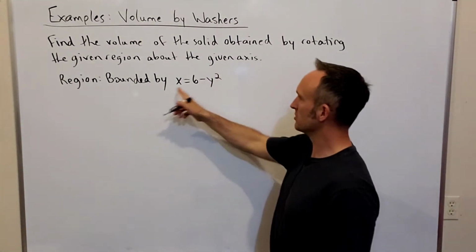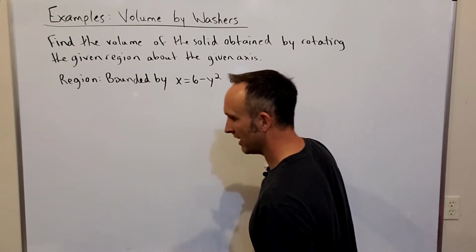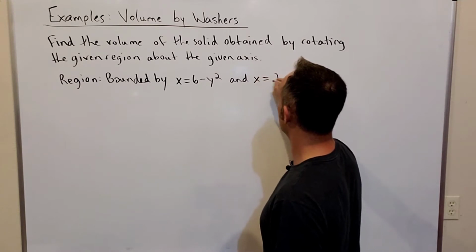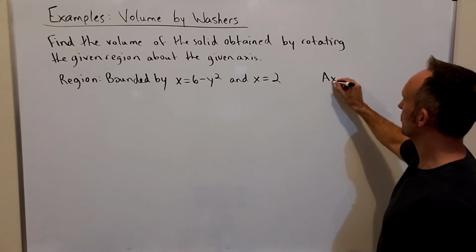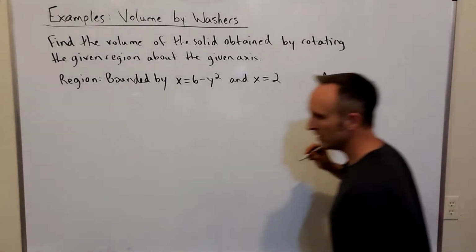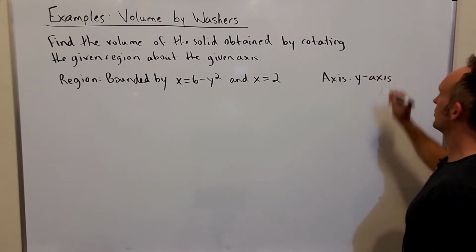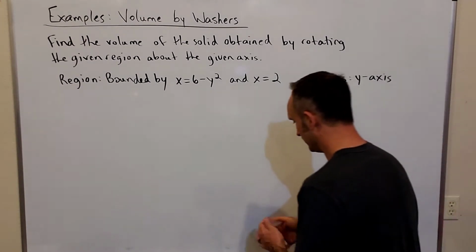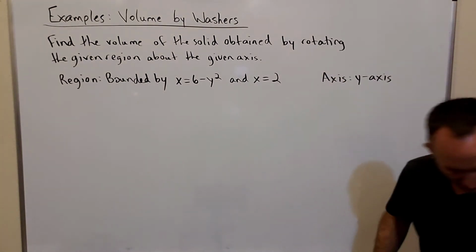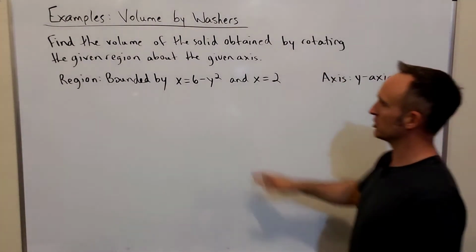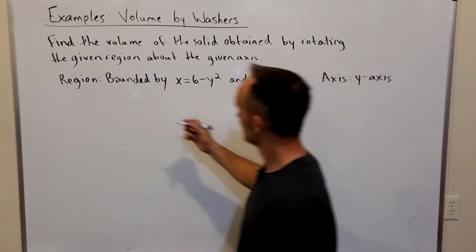So we want the region that's bounded by x equals 6 minus y squared, and the line x equals 2, okay? And the axis of rotation that we'll rotate about will be the y-axis. The y-axis, okay? So first things first, we might want to find any points of intersection between the curve and the line to help us with the graph.